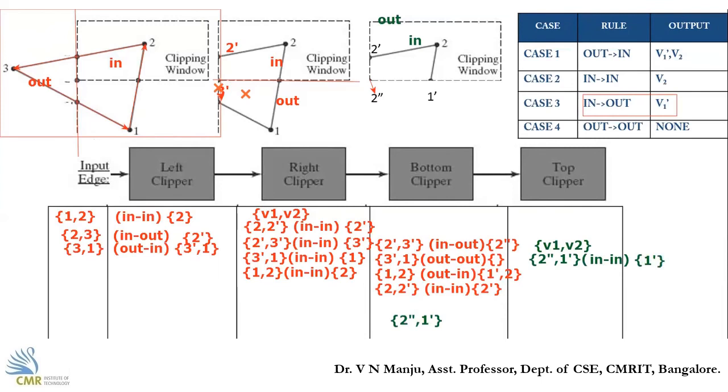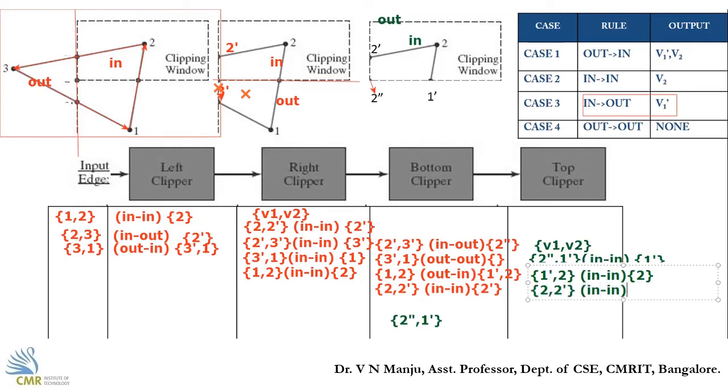Now the next step, I think I can go fast. So this will be 1 dash, comma, 2, which will be in and in. So everything is in and in. So for everything, we should go for the second. So 1 dash, 2, then 2 and 2 dash, and it is in and in.